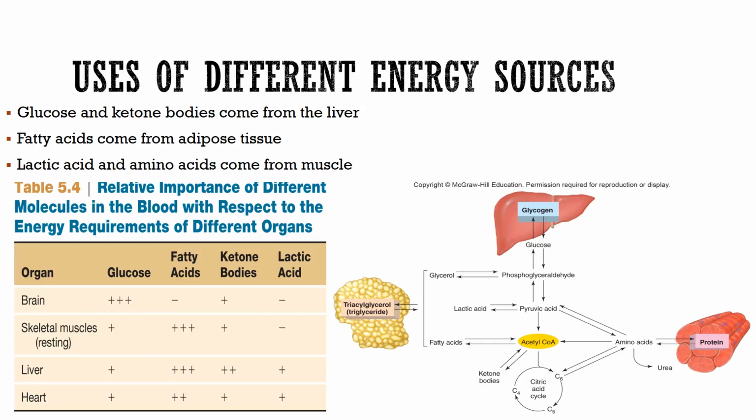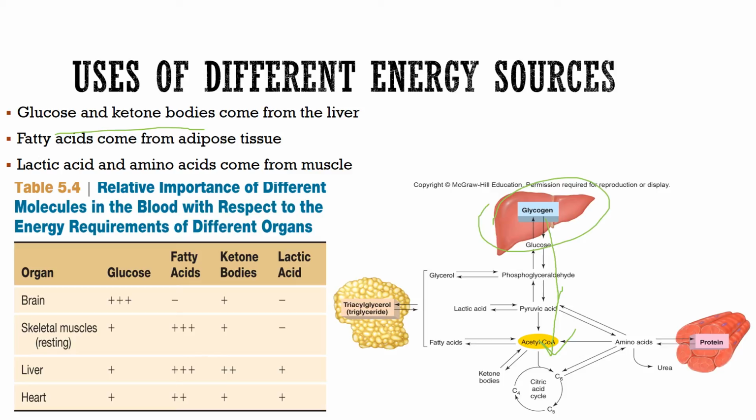Here, when we put it all together for our different energy sources, glucose and ketone bodies mostly come from the liver. This will be converted from glycogen that can later enter the citric acid cycle, where it will be converted into pyruvic acid and then acetyl-CoA, and we'll continue on.